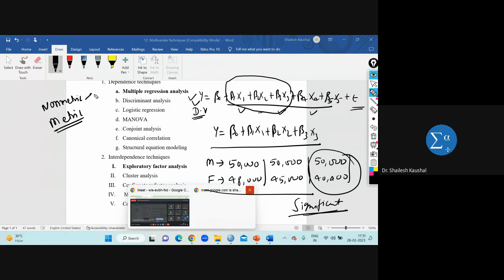Non-metric means we prepare our questions in nominal or ordinal scale. Metric means we prepare our questions in interval or ratio scale. So all the variables should be metric, meaning we should prepare our questions in either interval or ratio scale.